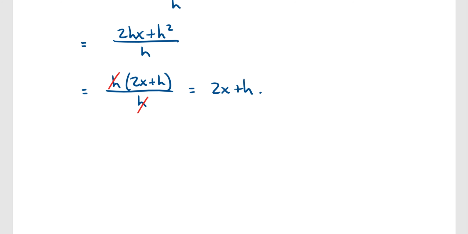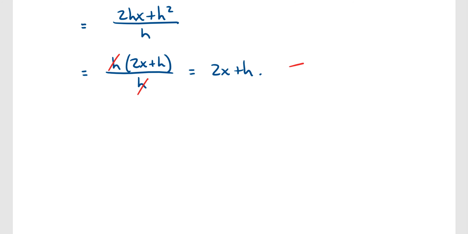So that's what it simplifies to. Based on the instructions above, we plug in 0 for h, so that becomes 2x plus 0, which is obviously 2x.